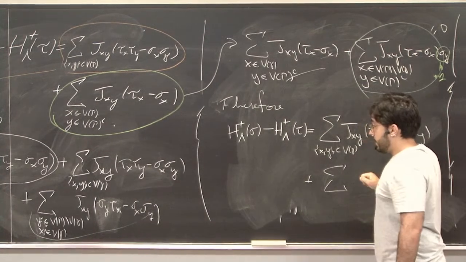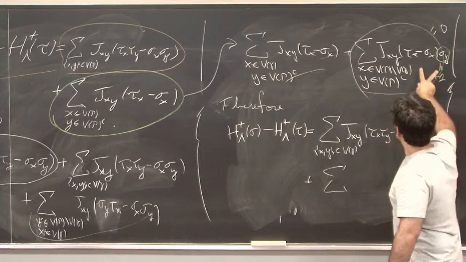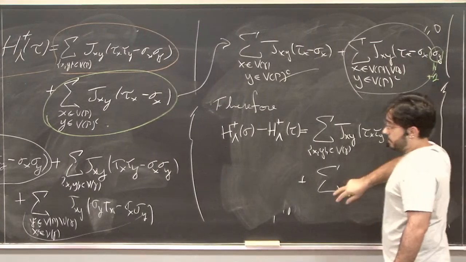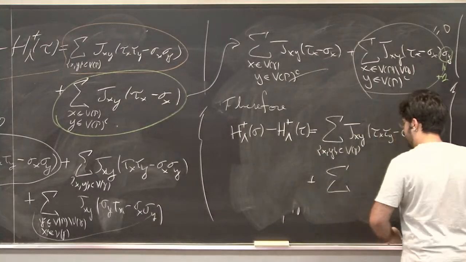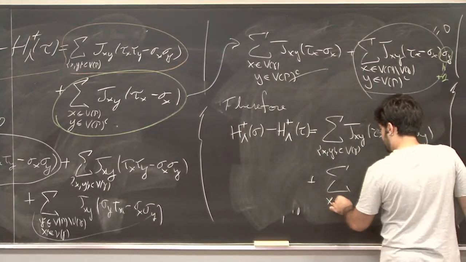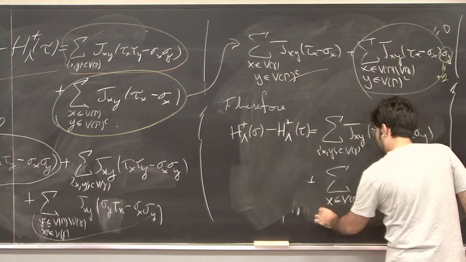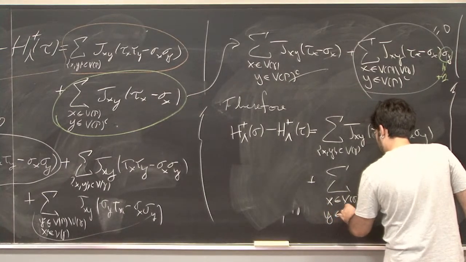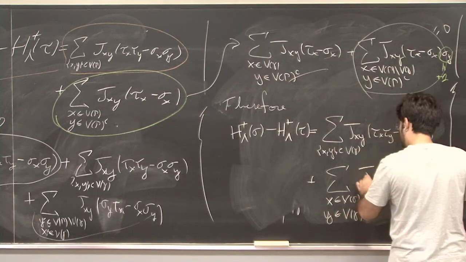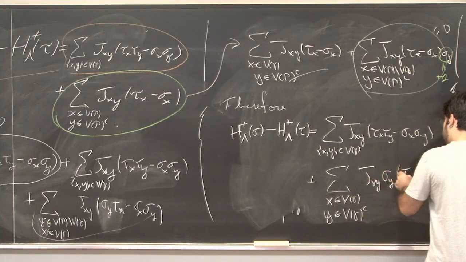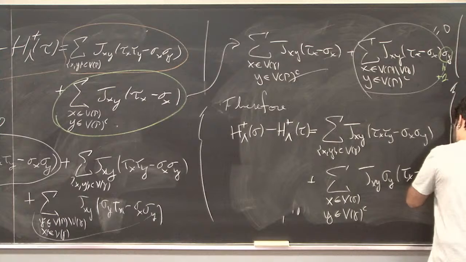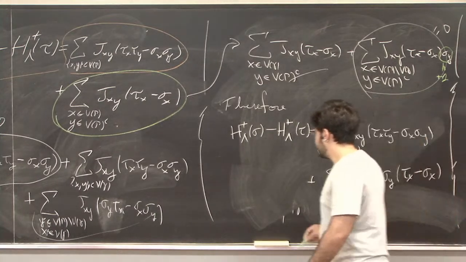Now this spin-dependent term is the same as this one. And then summing these two regions, I get x inside V gamma, y outside V gamma, J xy, sigma y, tau x minus sigma x.